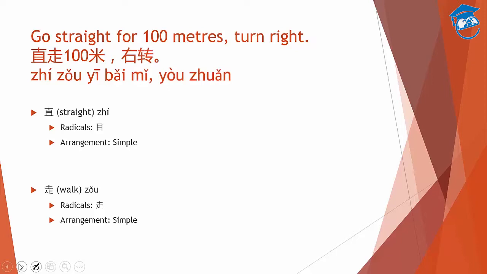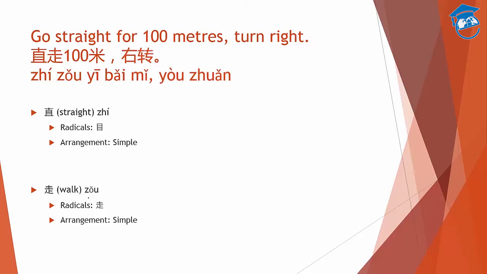So 直 means straight. This is the pinyin, and the radical is what's in between them. The arrangement is simple. So here's how to write 直. 1、2、3、4、5、6、7。直。走 means walk.